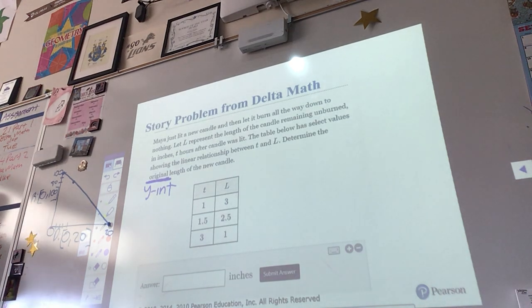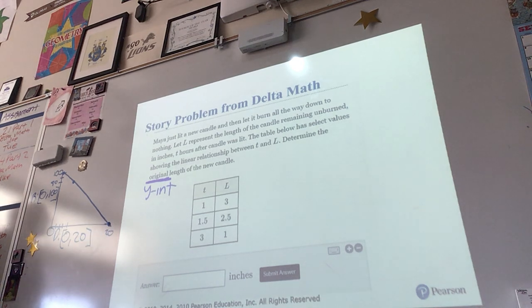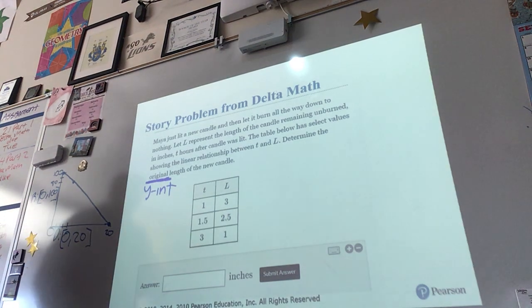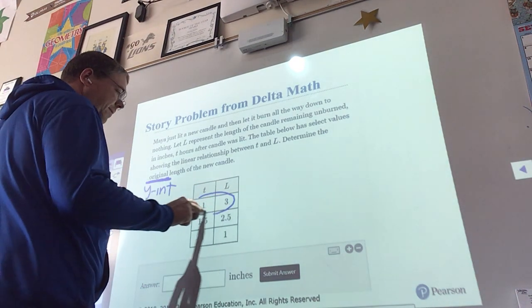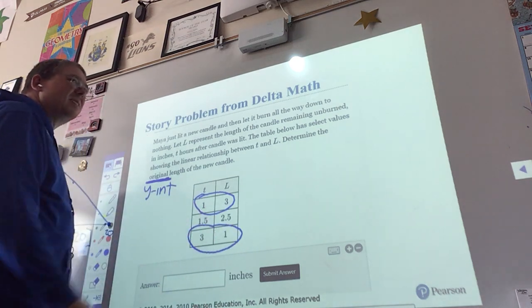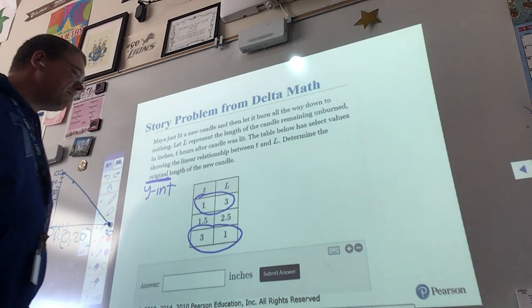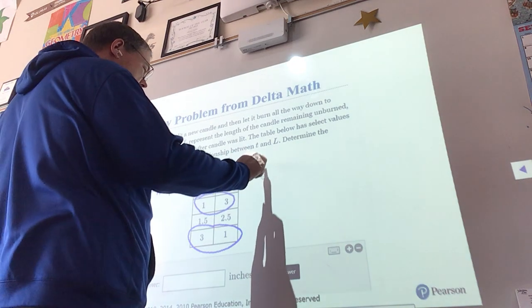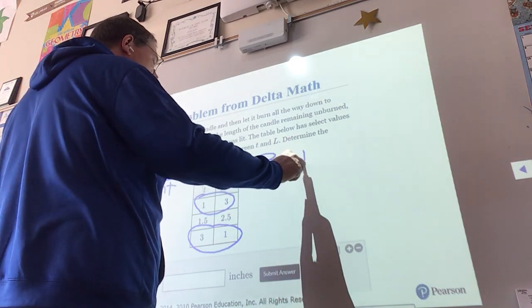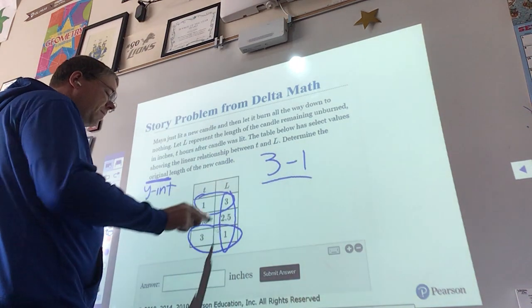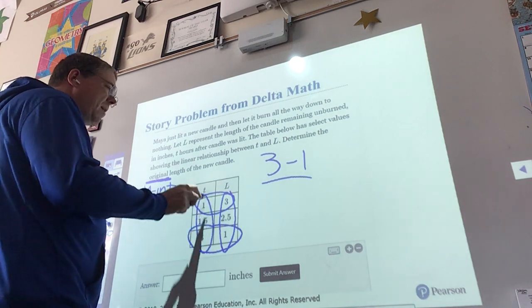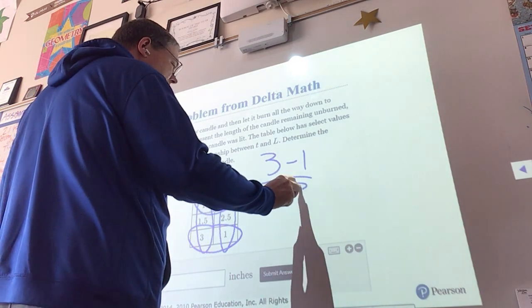So the y-intercept, we need to figure that out. To find a y-intercept, we need a formula. To find a formula, we need a slope. Let's take 2 points from our table and find a slope. I like to pick numbers that don't have decimals in them. So we'll go 3 minus 1, that's these 2, over 1 minus 3. That's those 2.